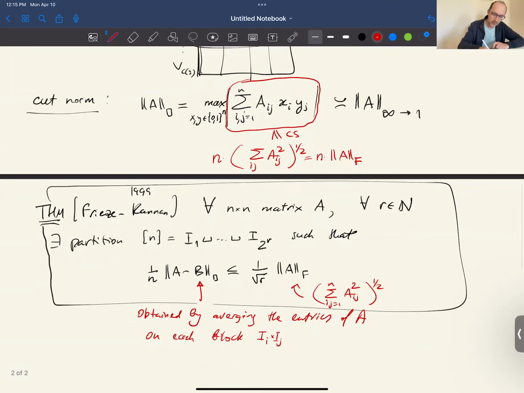Thanks, Sasha. This factor of n actually appears here, so I forgot to divide by n. It corresponds to r equals 1. So the cut norm is bounded by n times the Frobenius norm, and once you divide the left-hand side by n, you get the Frobenius norm. So the question is, does it hold for the Frobenius norm like that?